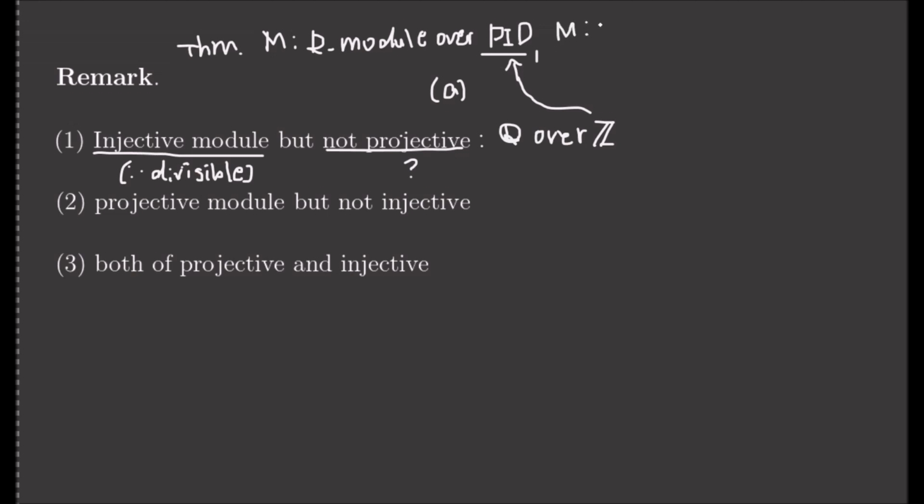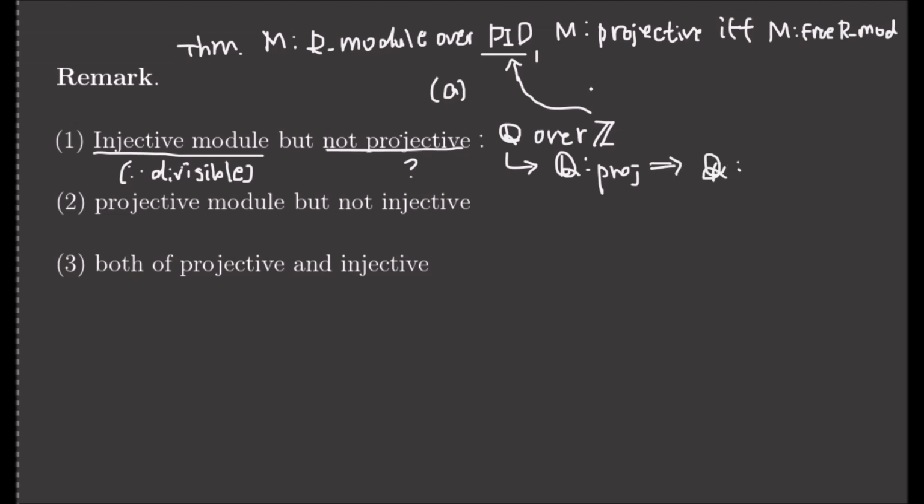Then the module is projective if and only if M is a free R-module. So applying this theorem, assume that Q is projective, and since Z is a principal ideal domain, Q is, by this theorem, clearly a free Z-module.